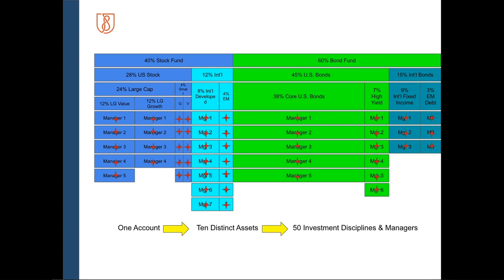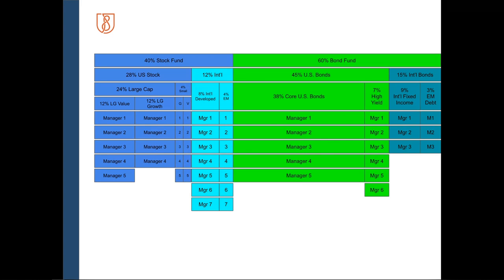Now, that's to make sure that every individual box on this chart is managed by who our research says is today's best specific manager for that sub-asset class and for that specific style. Again, all to go into one client portfolio.